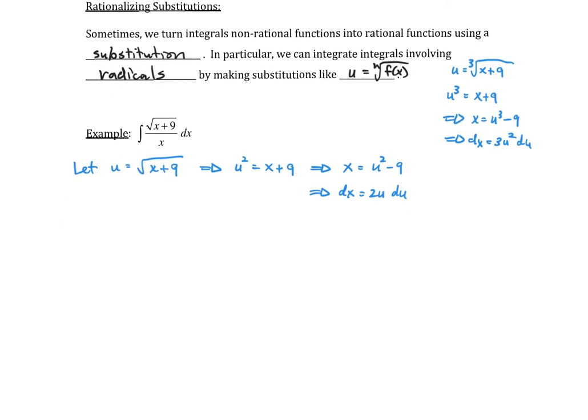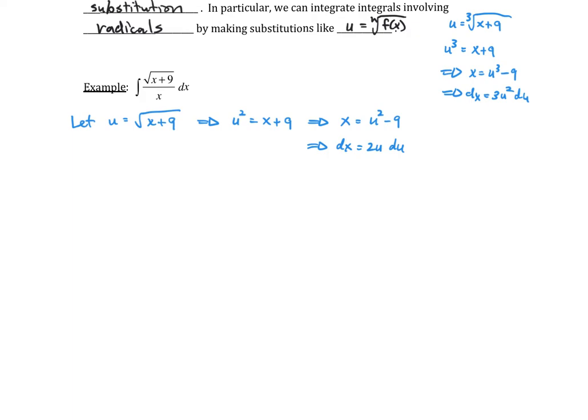And once I have those, I can make my substitution. So the numerator is just going to become u. So we're going to have the integral of u. The denominator was originally x, but now that's going to be u squared minus 9. And I have to tack on the dx at the end.